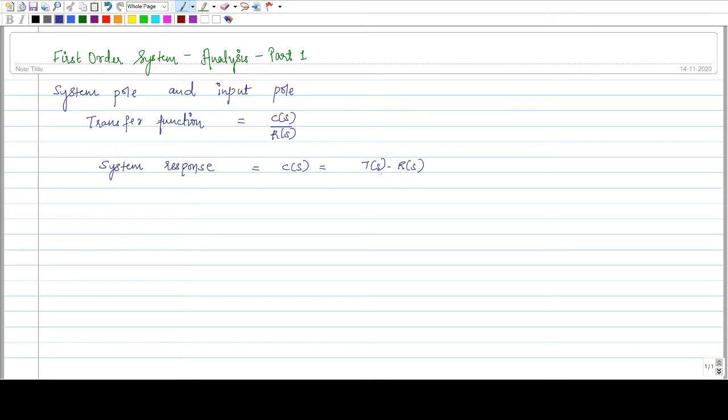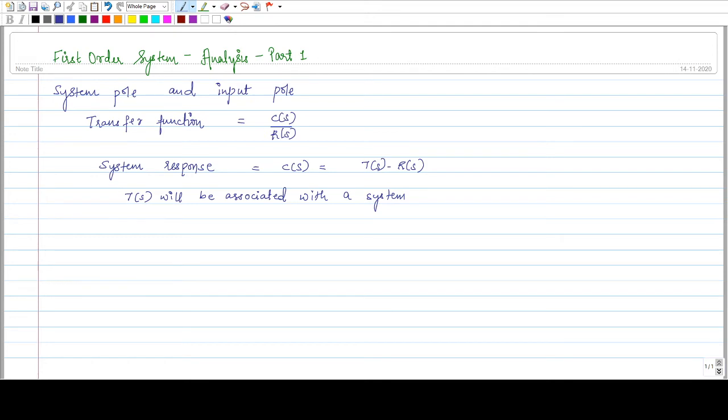If you are considering any system, T of S will be associated with the system that we are analyzing. As the system changes, T of S changes. But normally if we are taking one single system, the T of S will remain as it is.